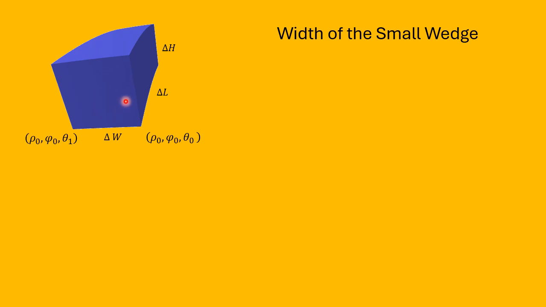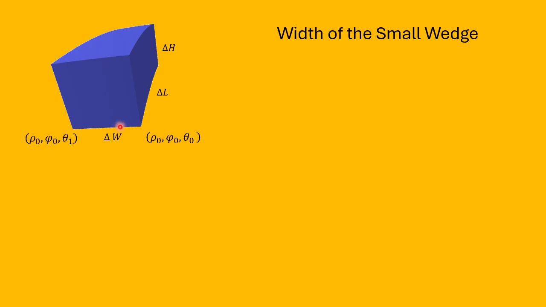This face in front is part of the surface rho equals rho naught. So one of these vertices, this one, we'll call rho naught, phi naught, theta naught, and the one over here we'll call rho naught, phi naught, theta 1. So that's the width that we're going to find. Also, we have a length of this small wedge we want to find, delta L, and also the height of this small wedge, delta H. But right now we will look at the width, this distance here.